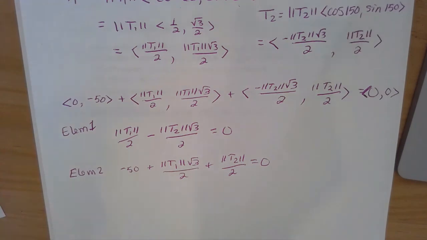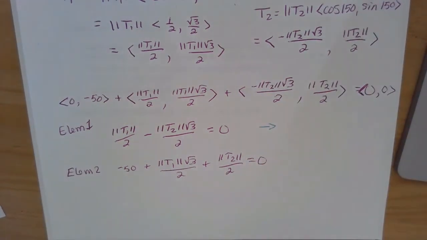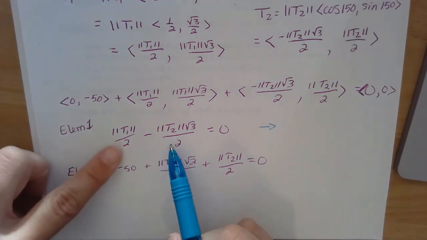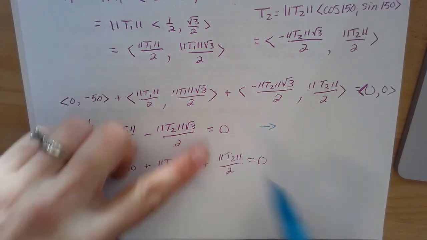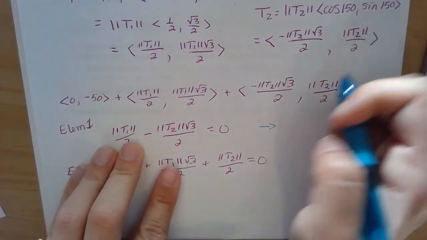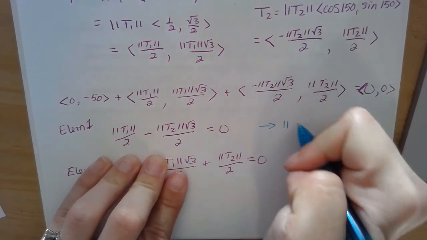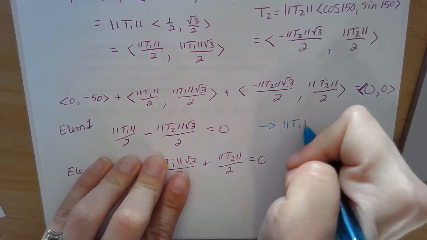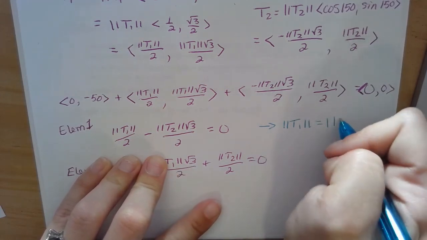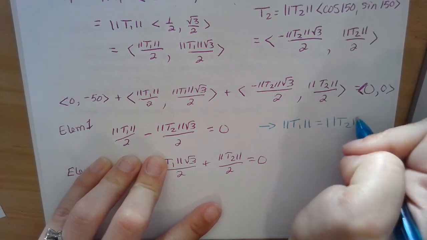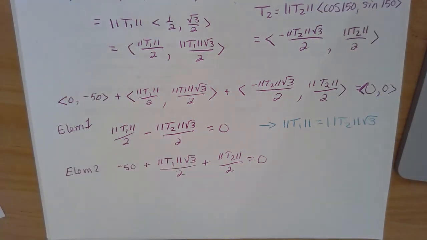So actually, what I am going to do first is I'm going to move all this over. Now, if we put this together, right, multiply by 2, that 2 disappears. So what actually happens is when we simplify this, we get magnitude of tension 1 equals the magnitude of tension 2 square root of 3. Okay, think about that algebra right now.